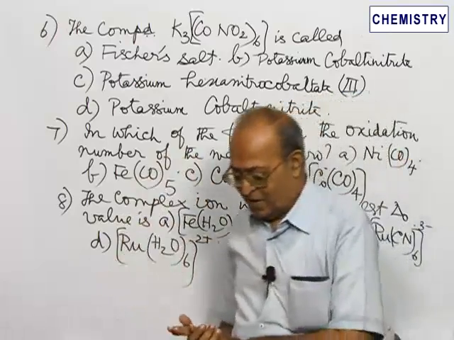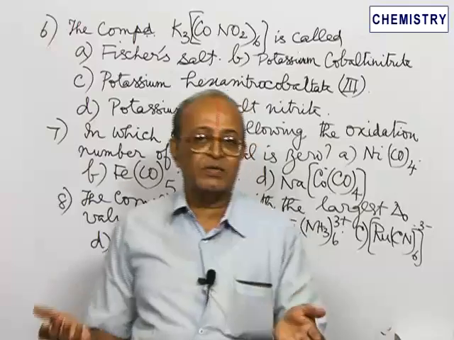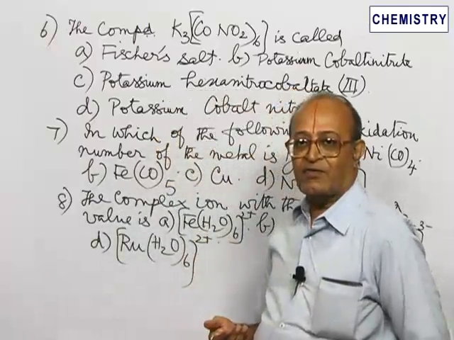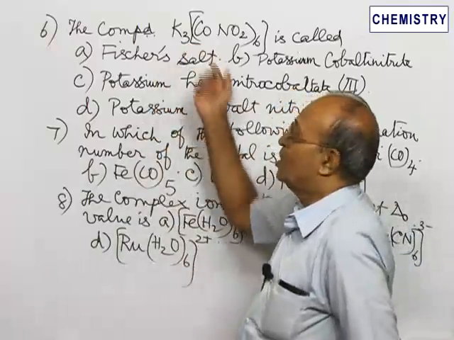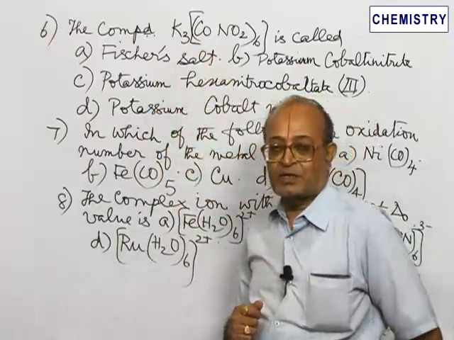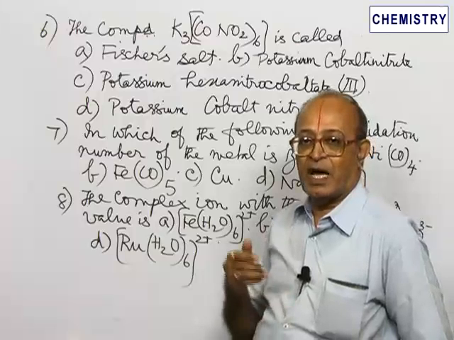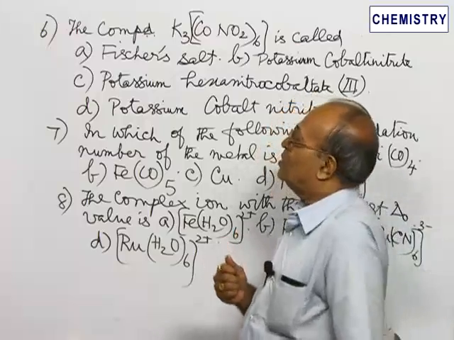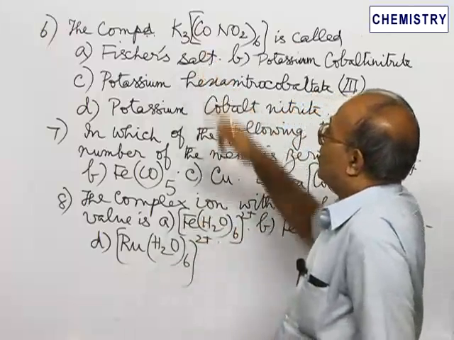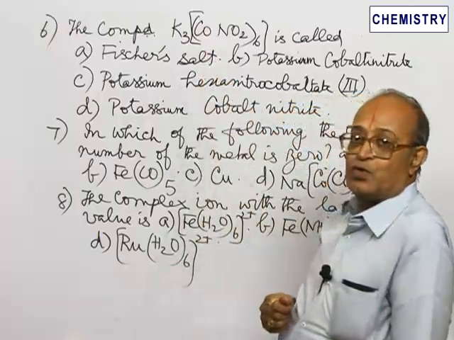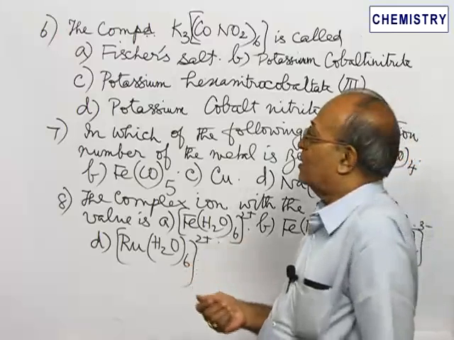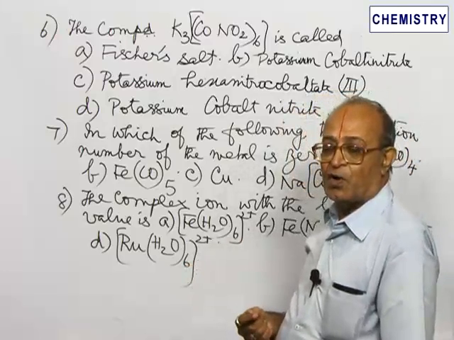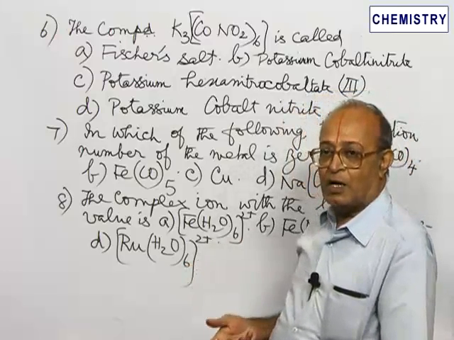Whether it is a complex compound or a simple compound, we usually name the cation first. And here also K+ is the cation, a simple ion, the anion being the complex ion. Now the question is, this compound K3[Co(NO2)6] is called, four answers are given. Of these four, which one or which are correct?